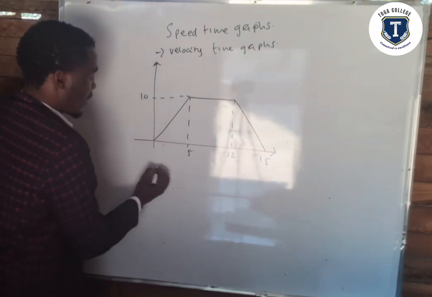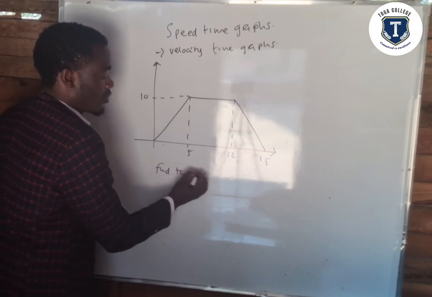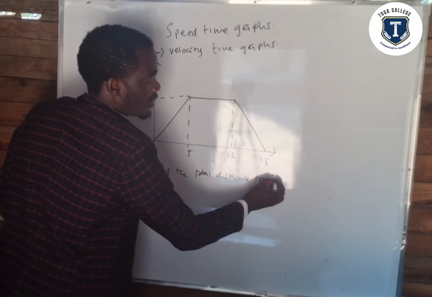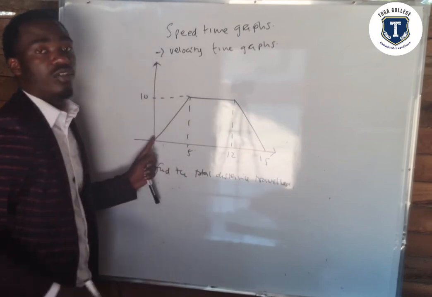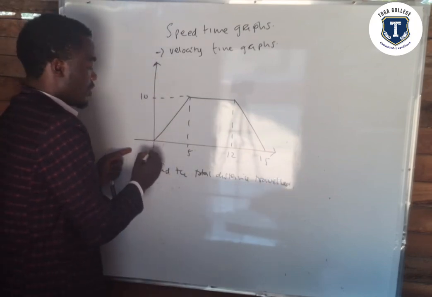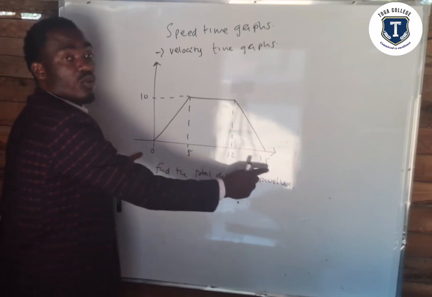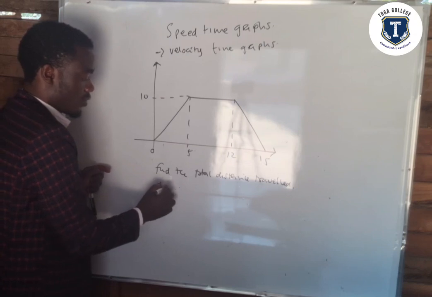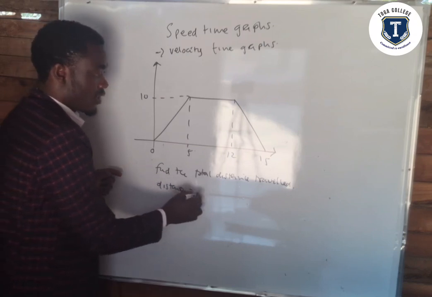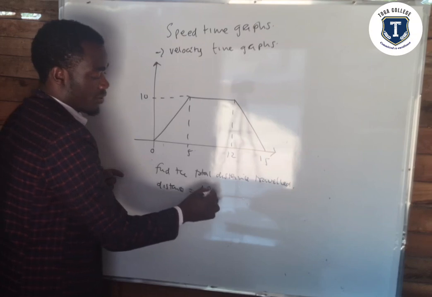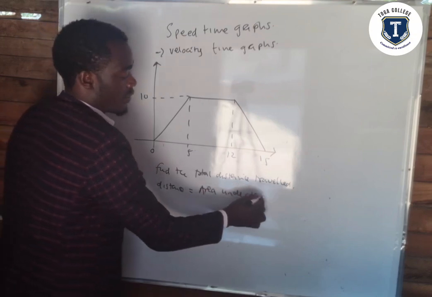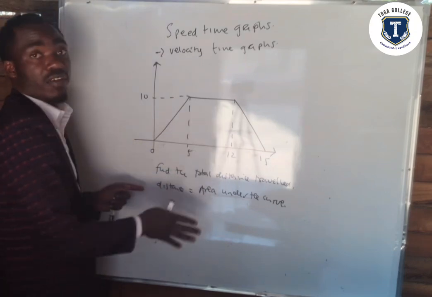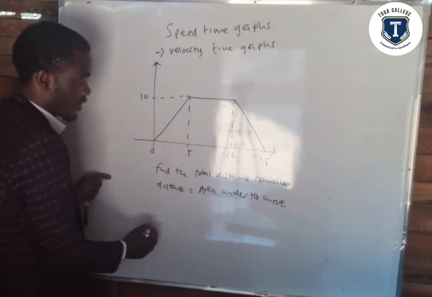They will also ask us to find the total distance traveled, right? Total distance traveled is the distance that this motion has covered from 0 to 15 seconds, right? And the distance all the time is equal to the area under the curve. So our curve is a trapezium, right?